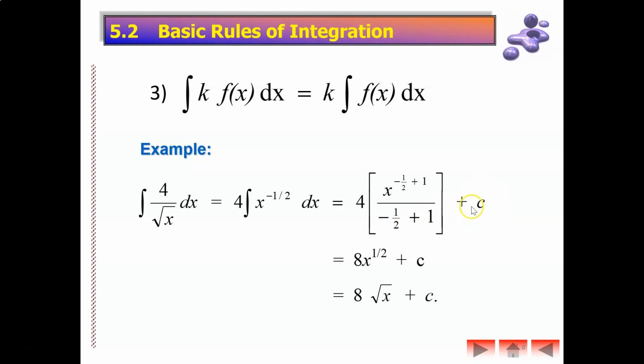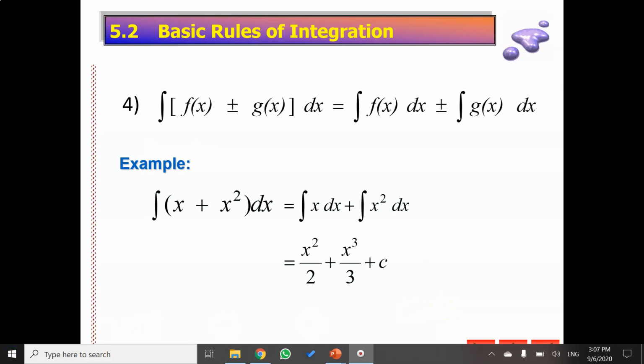And remember to put your arbitrary constant plus c. When you simplify, 4 times this whole thing, you will get 8x to the power of 1 over 2 plus c. And x to the power of 1 over 2 is actually equal to root x. So you will get 8 root x plus c.